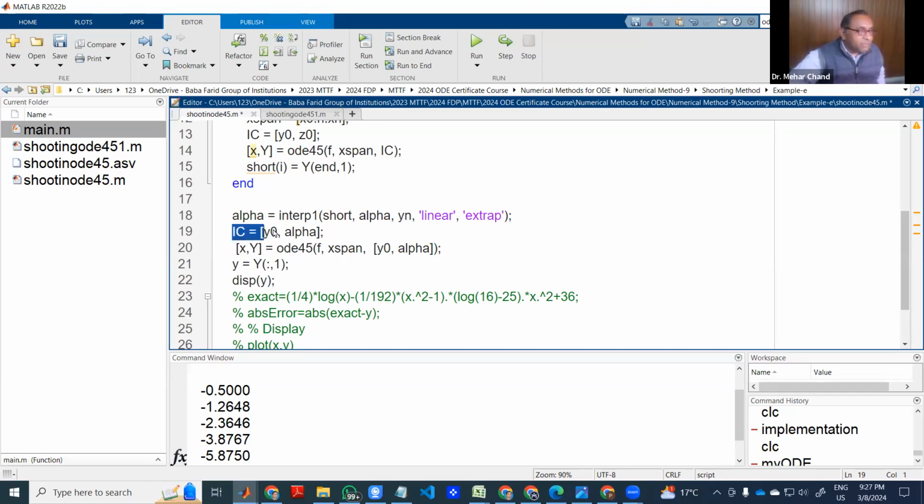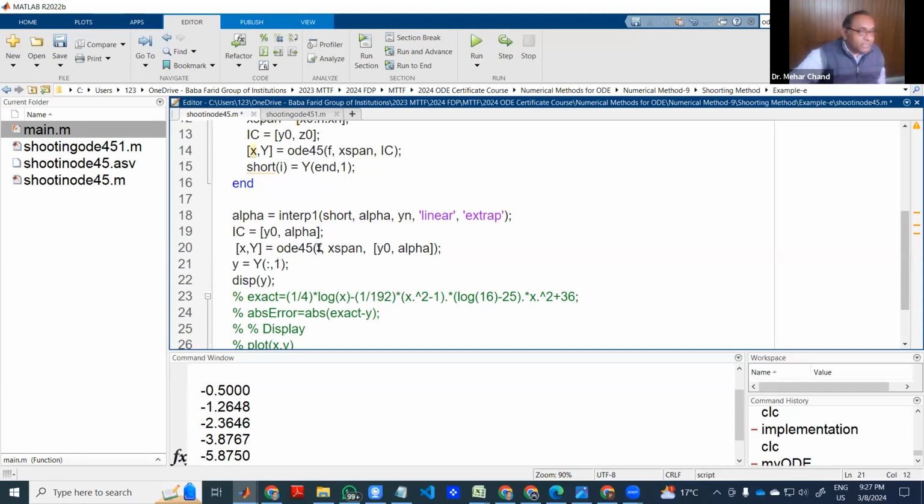So here IC will be taken as y naught, alpha. Then we have xy equal to ODE45. Again, the solution will be updated from this ODE45.